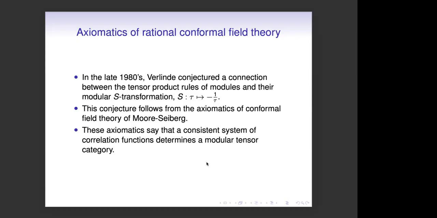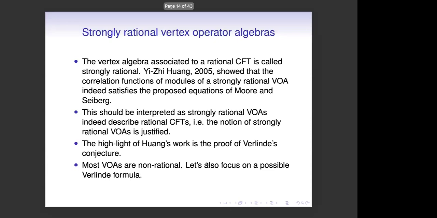If you take a VOA standpoint, a VOA should have properties that correspond to Moore-Seiberg data, and that's really the standpoint that Y.-Z. Huang has taken. For a mathematician, in the late 80s, the idea was to define an object, which is what we now call a VOA, that has a structure that obeys the Moore-Seiberg data.